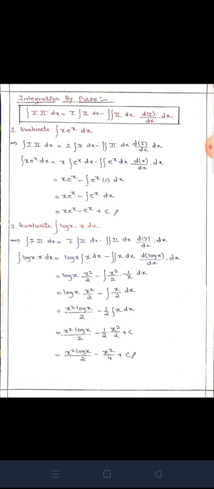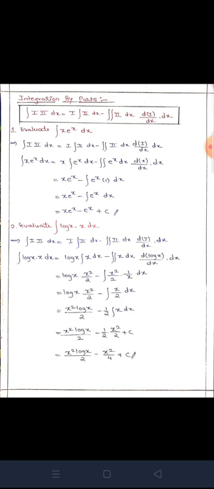In the next step, log x into x square divided by 2 minus, here you have x square into 1 by x, so one x you can cancel. What is remaining? x divided by 2 dx. In the next step, I have written x square log x divided by 2 minus, here 1 by 2 you can take outside because it is a constant.